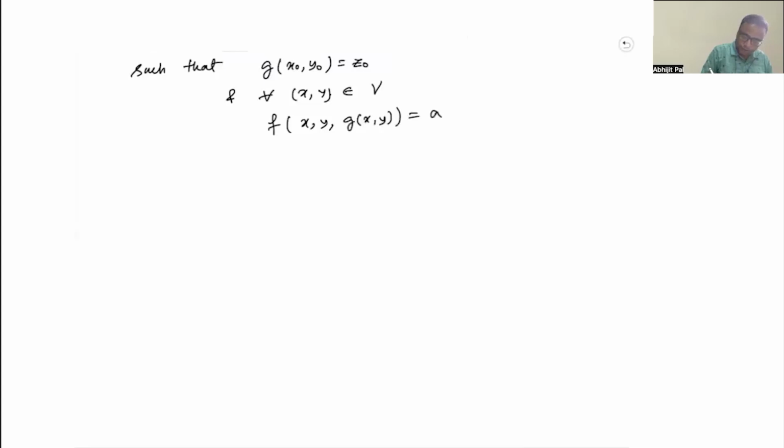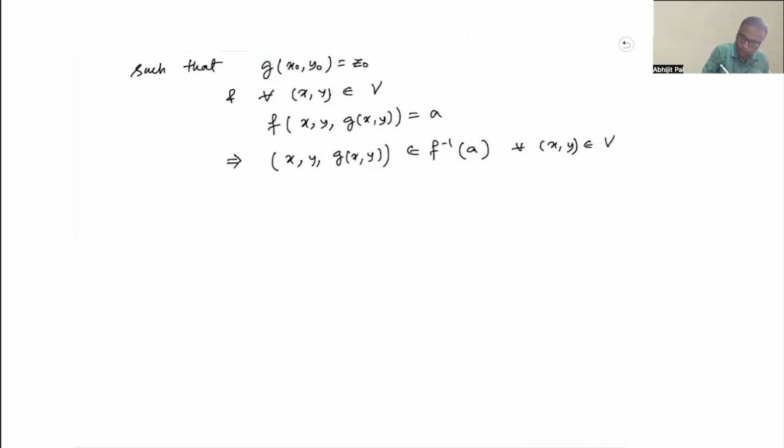So this implies that (x, y, G(x, y)) belongs to f inverse a, for all (x, y) belonging to this B.